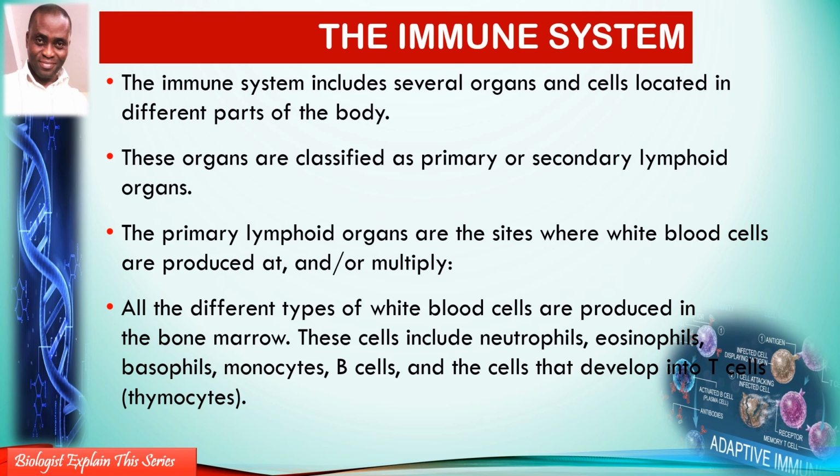So there are many composite things in the concept of the immune system, and a particularly important part is the lymphoid organs. Still the word lymph shows up again, and you've got the primary lymphoid organs, which are sites where blood cells are produced, multiply and proliferate.